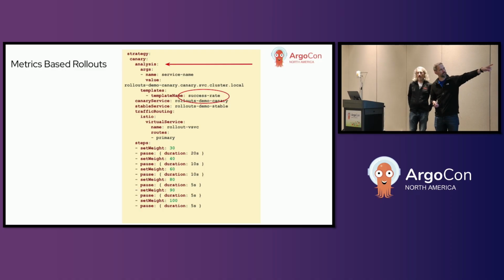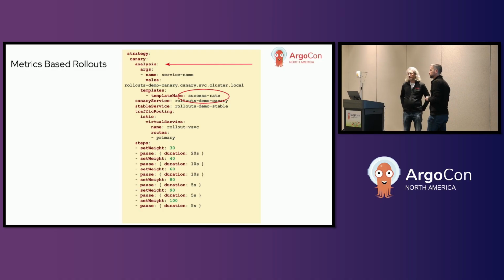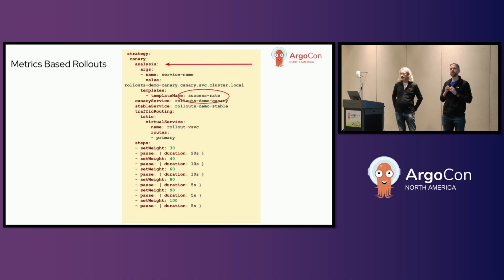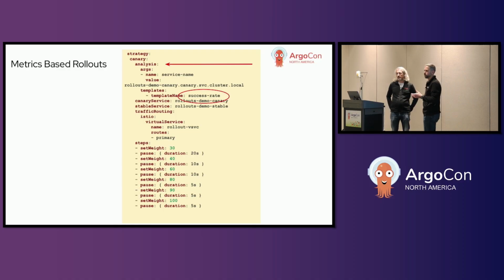In this case, you can see below the steps: set weight 30, then pause, then set weight 40, then 60, 80, and whatever more. So you gradually roll out to more traffic, to more users, then take a pause, analyze what's going on thanks to the analysis template, and then if everything is going well, you keep rolling out to more and more traffic until finally you've rolled it out to everybody, or not, right? Or if something goes wrong, then you automatically roll it back.